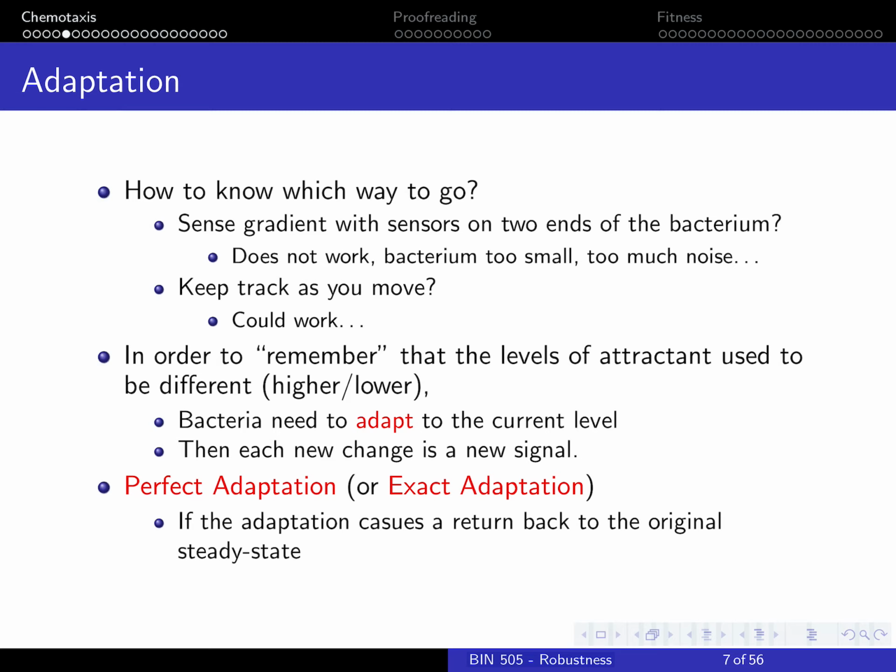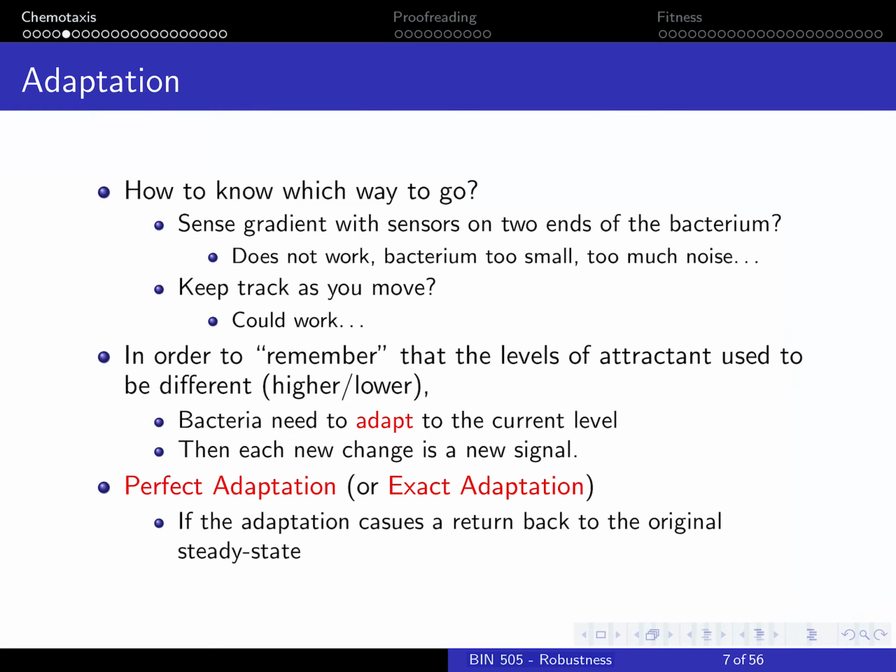It depends on which way it changes, right? If they've adapted to a certain molarity of sugar, say, and it gets higher, that difference causes them to tumble less. If they were adapted to a certain level of sugar and it got lower, now they're tumbling more.